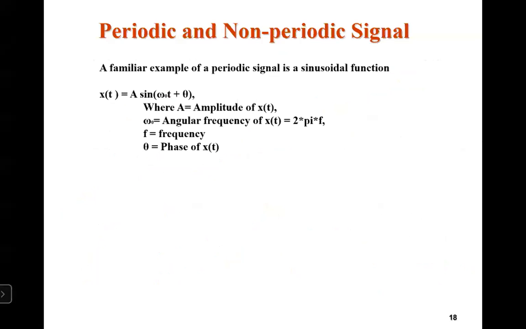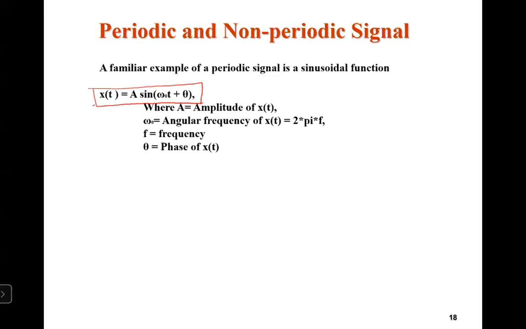Then we should be a little bit familiar with different terms, like angular frequency and phase. Though we have seen their physical significance, we should be familiar with how they are written in equation form and how to find them. Normally, x(t) equals A sin(omega 0 t plus phi), and that is the way in which signals are represented.